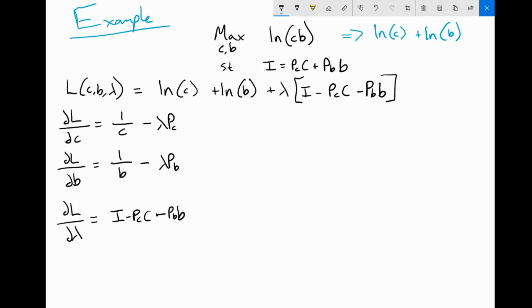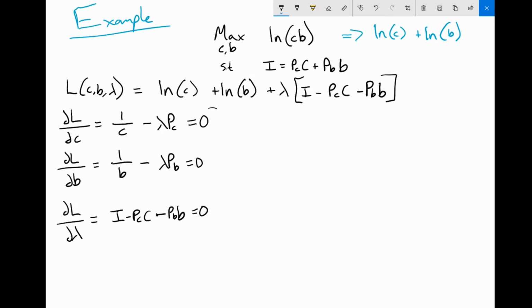All right. Now, second step, we create our first order conditions. That means we set all of our derivatives equal to 0. That's because that maximum point is going to be where the derivatives equal 0. So let's do that.